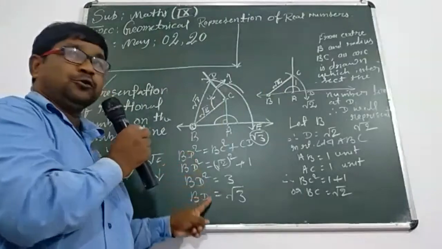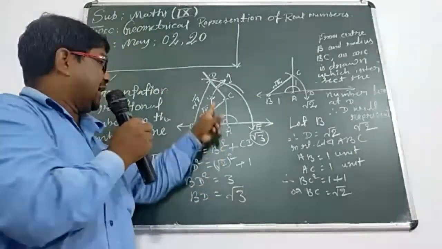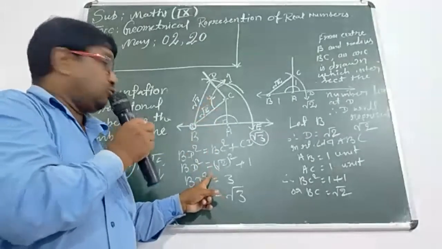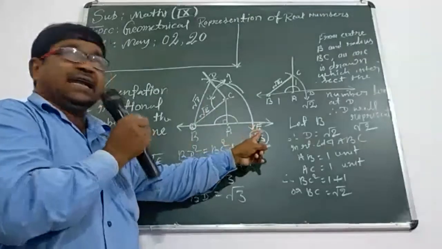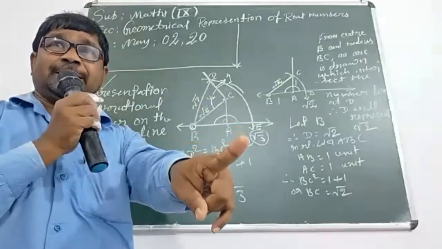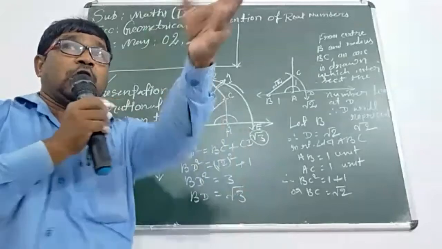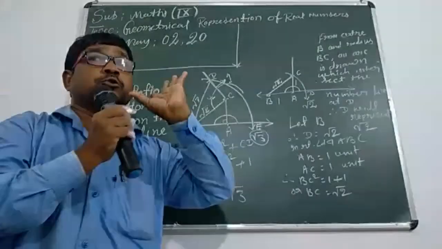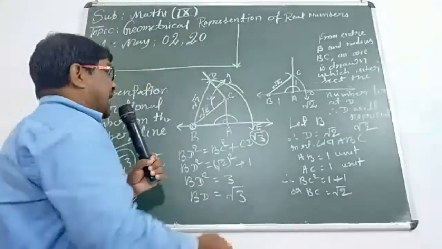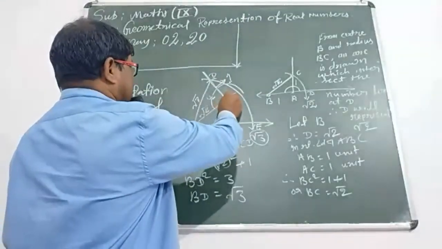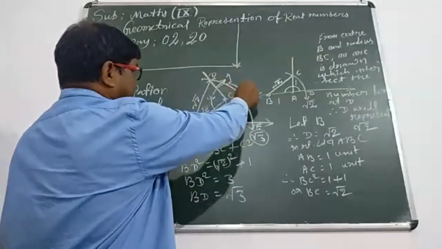Can you give the proof now? Why is the distance between B and E under root 3? We will follow the process of under root 2. After that, we will go to C and draw a right angle.